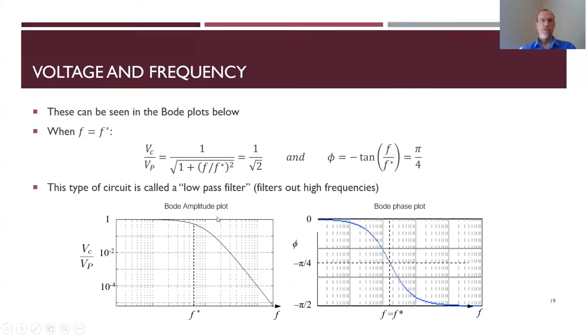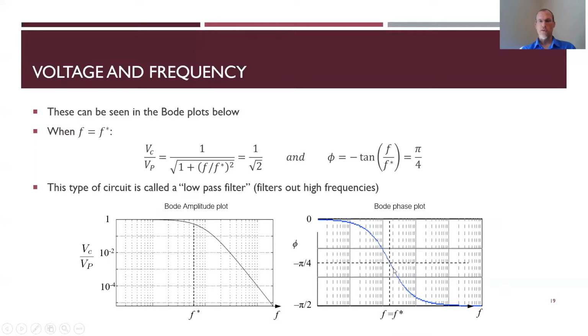So again, pictures of those two functions. Here's my plot of VC over VP. For very small frequencies it equals 1 essentially, so same amplitude. As I get close to this f star, the characteristic frequency, it starts to drop, and then it drops linearly essentially with frequency. The same thing for the phase shift. Phase shift starts out at 0.